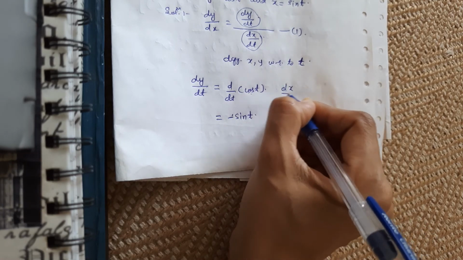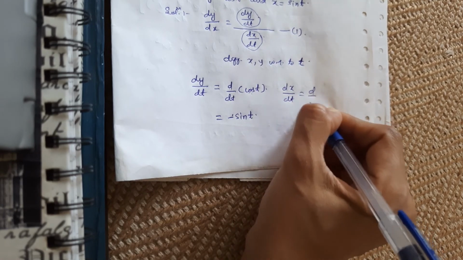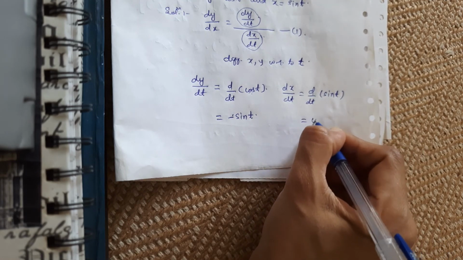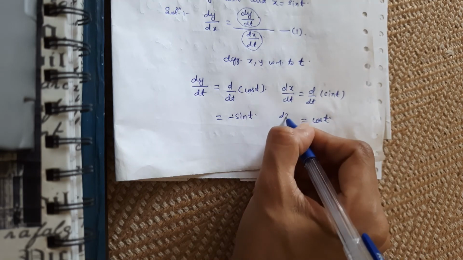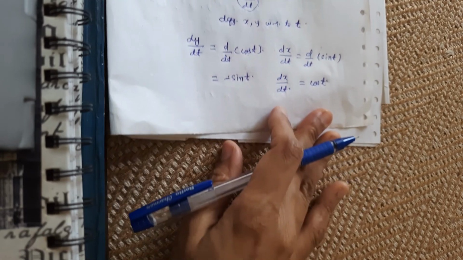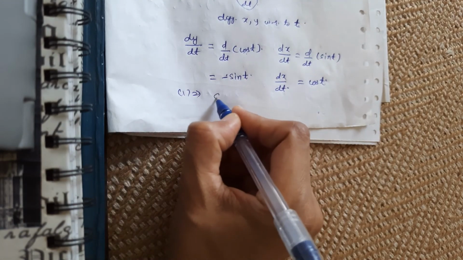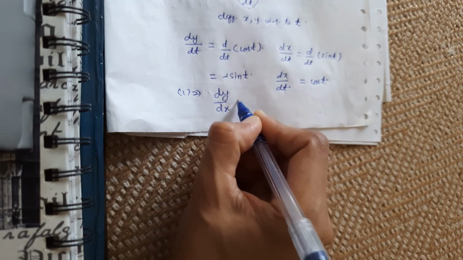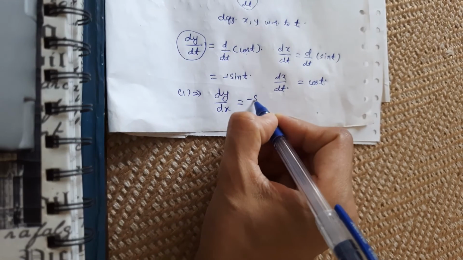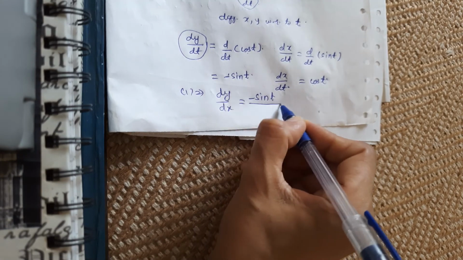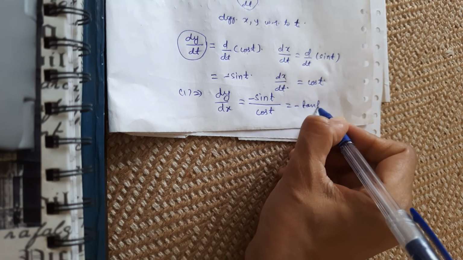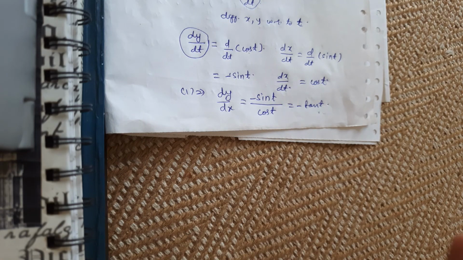Now dx by dt equals d by dt of sin t, which is equal to cos t. Now put these values in equation 1. So from equation 1 I'll get dy by dx equals, in the numerator I have dy by dt which is minus sin t, upon cos t, which is equal to minus tan t. That is my derivative.